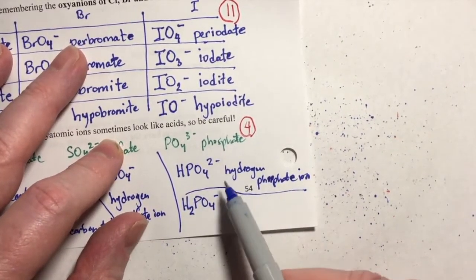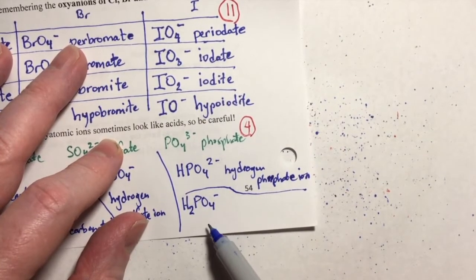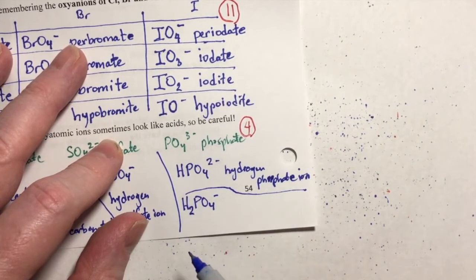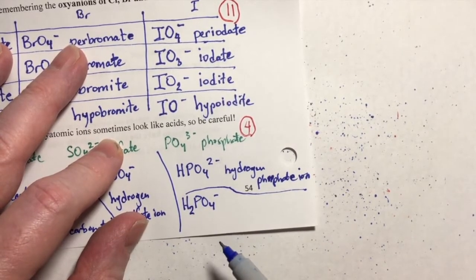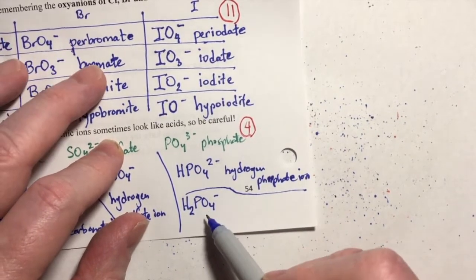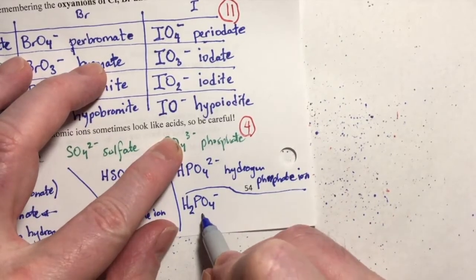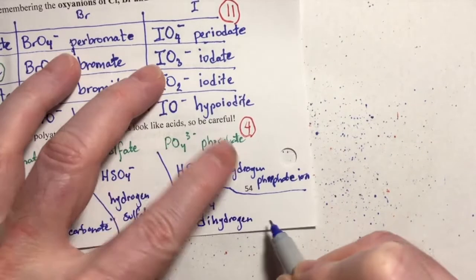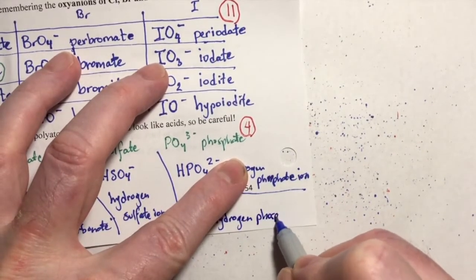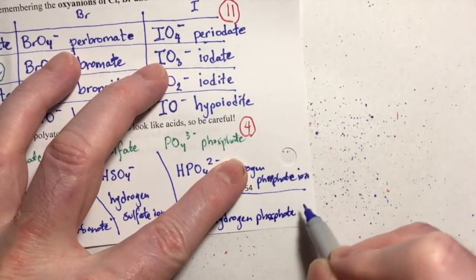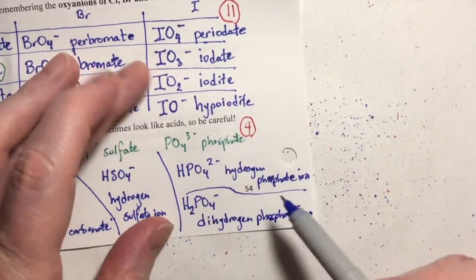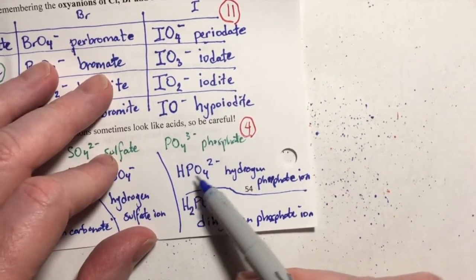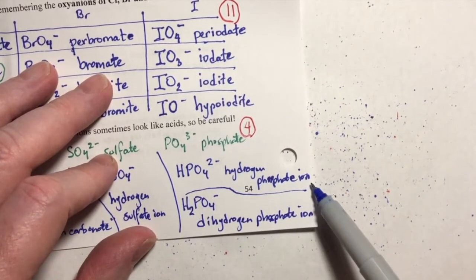In order to distinguish this ion from this ion, I tell my reader or my listener how many hydrogens I've added. I've added 2 down here, so it is the dihydrogen phosphate. So when I add a single hydrogen, it becomes a hydrogen phosphate.